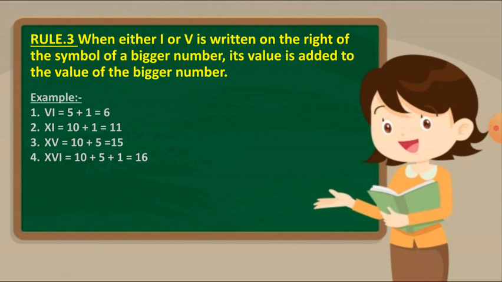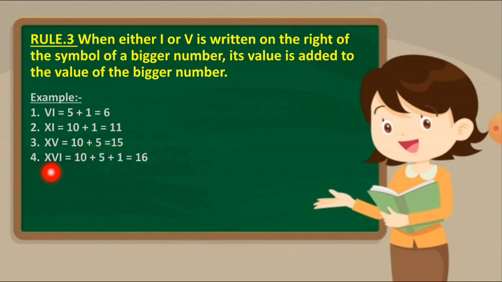First example is VI is equal to, the value of V is 5 and the value of I is 1. So 5 plus 1 will be 6. Second example, X value is 10 and I value is 1. So 10 plus 1 will be 11. Third, X value is 10 and V value is 5. So 10 plus 5 will be 15.